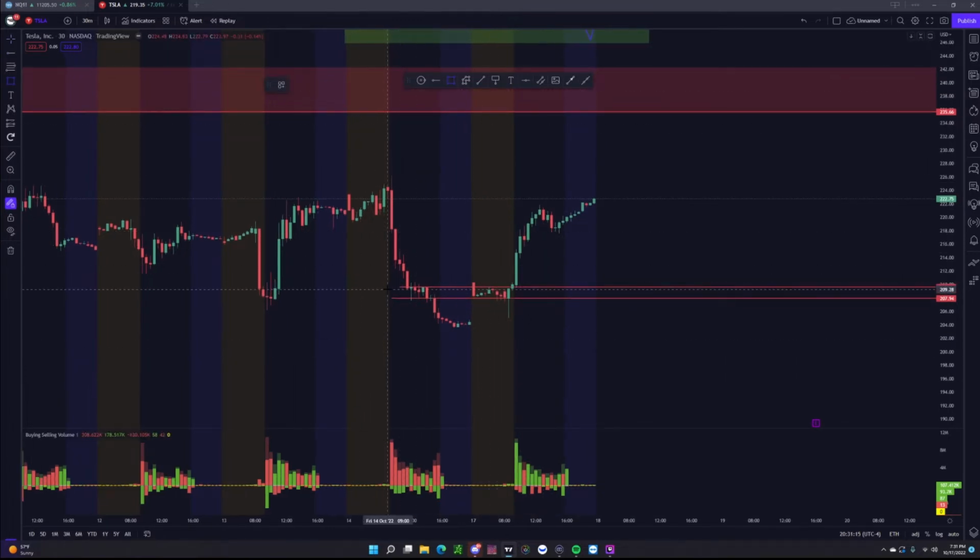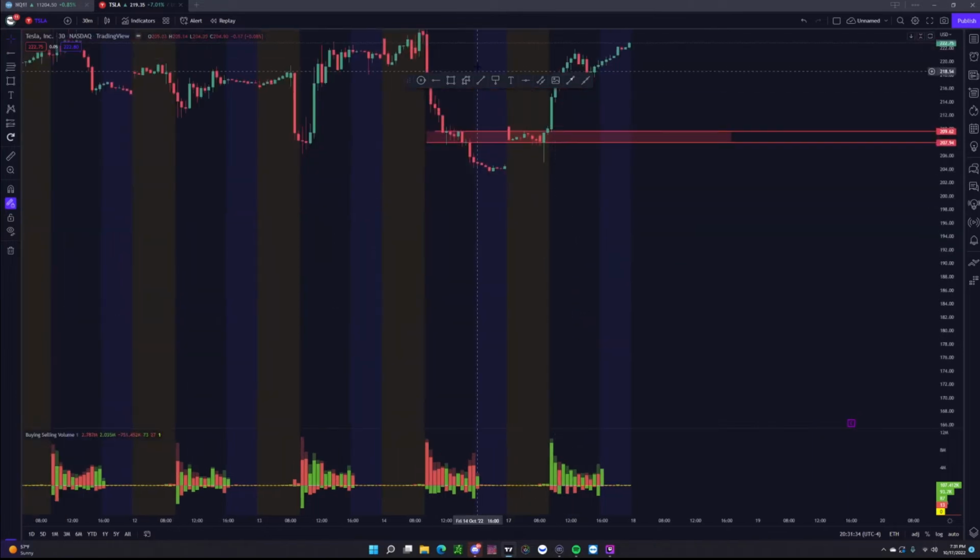Now, ultimately, you could have labeled this as a supply zone because this is where supply equals demand, ultimately tank, and then that is where supply is greater than demand. Now, it's just like any support or resistance.